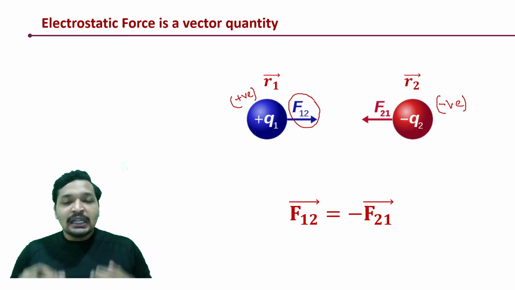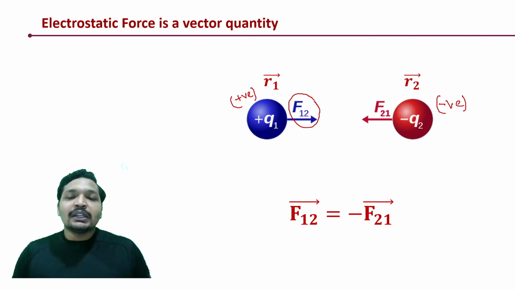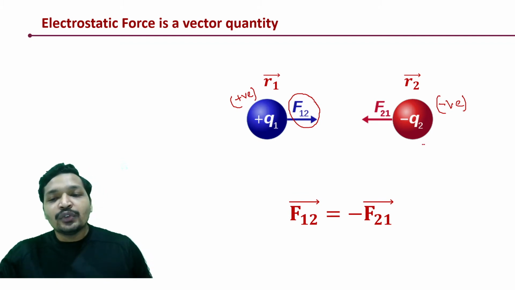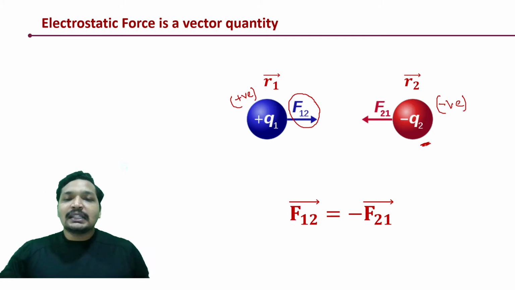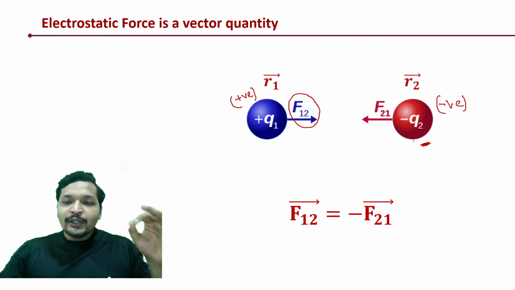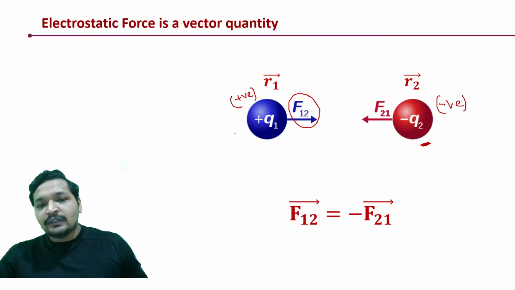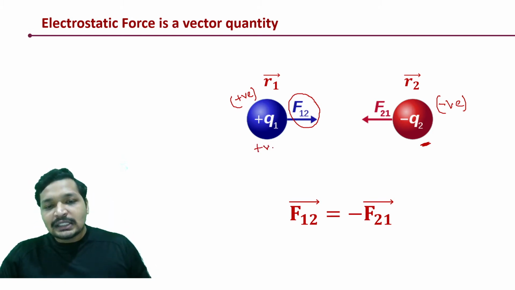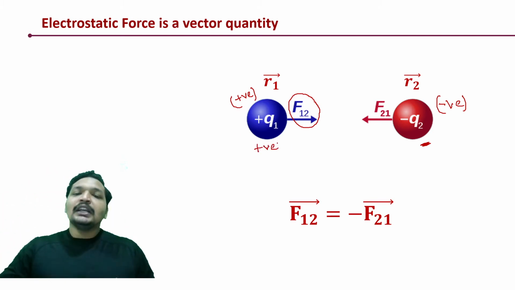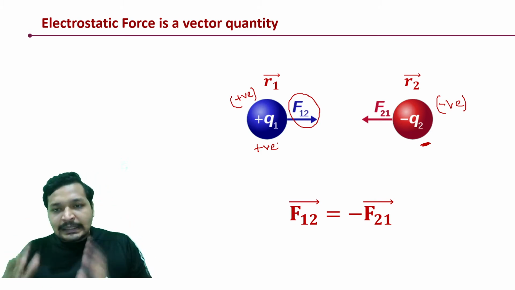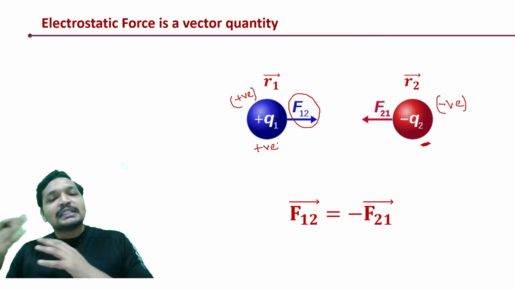None other than just substituting the sign of q2 as it is. If the q2 value is given as negative, just write it down as negative, and if this is positive, just write down the magnitude in the force expression. That itself will reverse the direction, right?